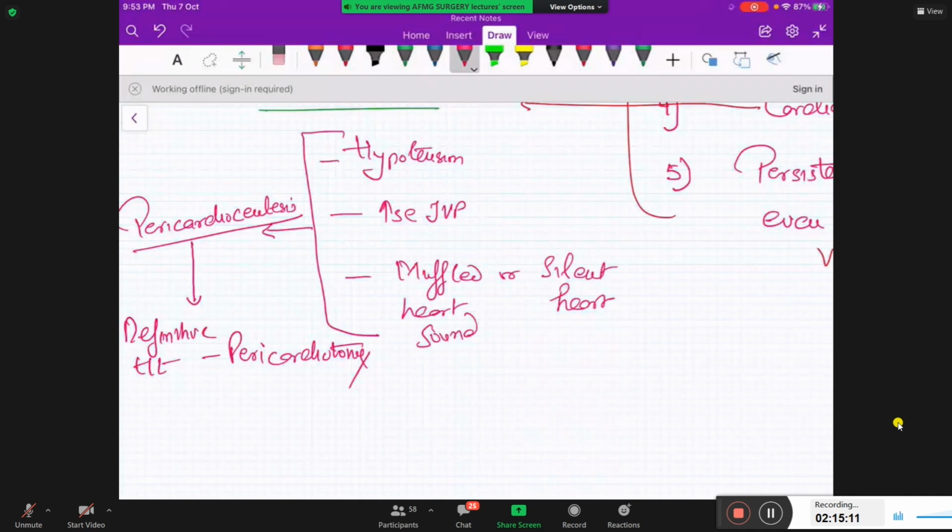So say for example, you are told patient has a 6th, 7th, 8th, 9th rib fracture on left side. It's a thoracic injury, but then since it's below the 5th intercostal space, you have to think about the abdomen also. And once such injury happens, the most common organ which gets injured on left side is spleen.